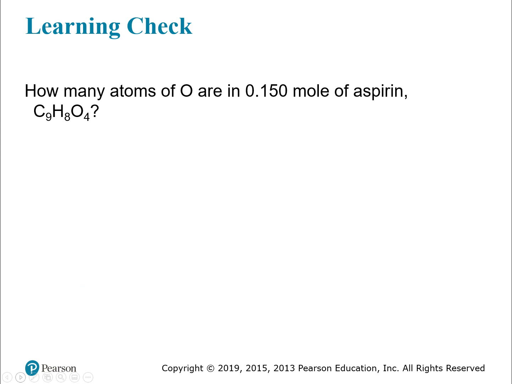So we've got these conversion factors, but we have to practice how to use them. If we know how many moles of an element are in a particular compound, then we can use that to make calculations about how many atoms and eventually mass, so grams. But that's coming in the next section. So we've got: how many atoms of oxygen are in 0.150 moles of aspirin?